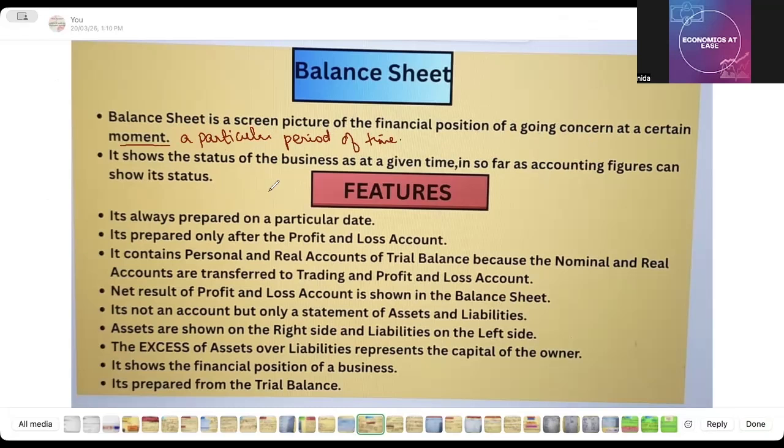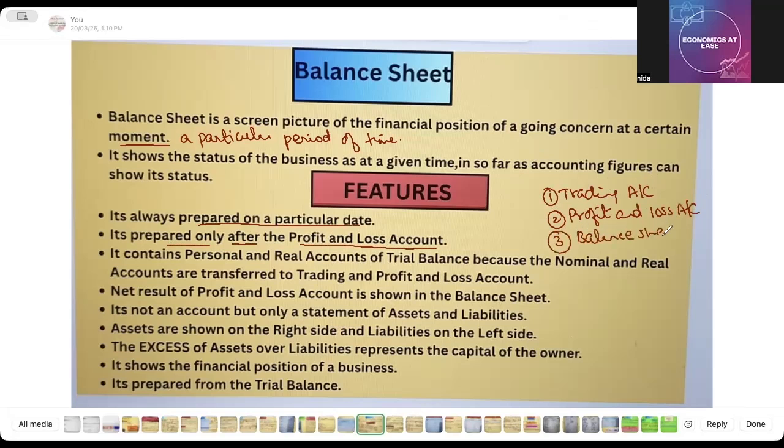It shows the status of the business as at a given time, insofar as accounting figures can be shown. Now, the features: it is prepared on a particular date, and only after the profit and loss account. First, you make a trading account. Second, you prepare a profit and loss account. And last is the balance sheet.